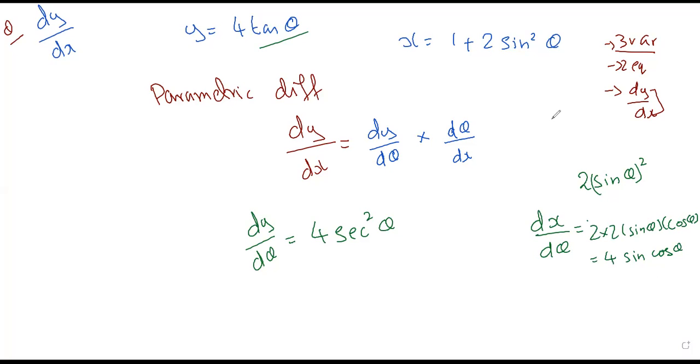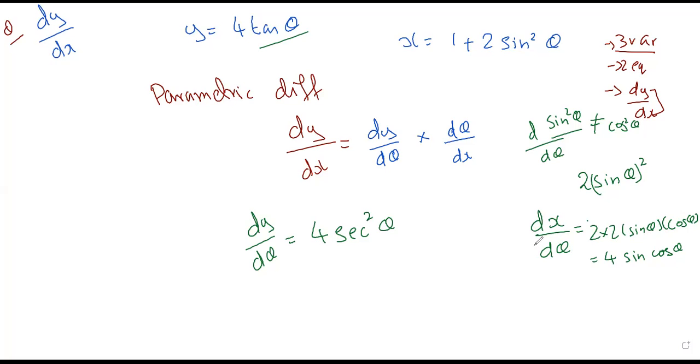Never ever do this: sine square theta is not cos square theta. The derivative of sine square theta can never be this. You have to deal with these questions this way. Think of the U method, by which I mean the substitution method or the bracket method, where we multiply the power as it is, keep the bracket thing the same, and the derivative of the bracket thing would come in.